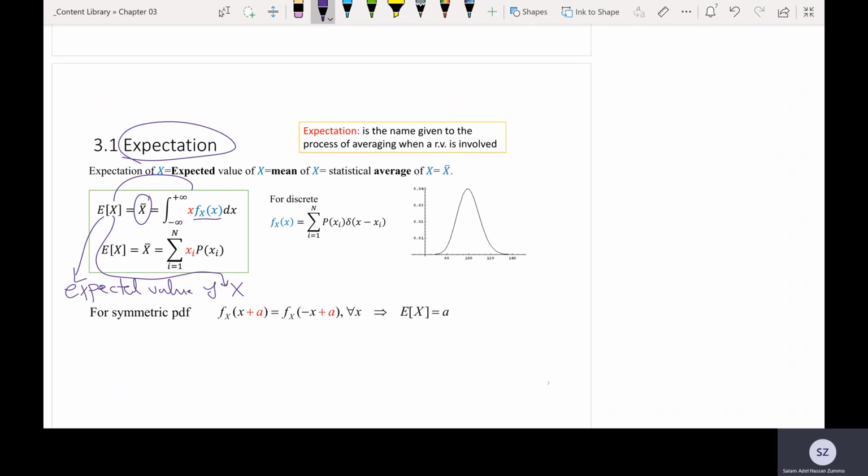So whatever is inside here, we put it next to the PDF, and we multiply and integrate. This is for a continuous random variable. For a discrete random variable, which is easier, as we will see in a minute, it's basically whatever is inside here, x_i, multiplied by the probability of x_i, and sum over all values. Let's have it for discrete because it's easier.